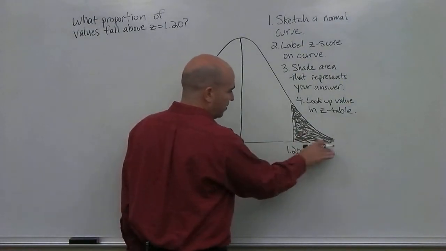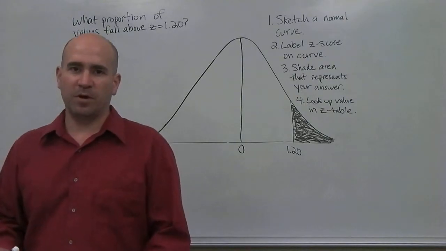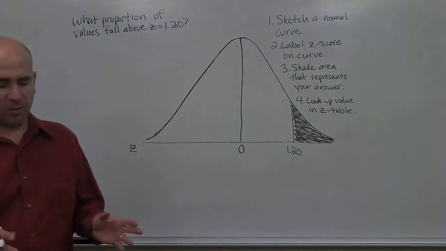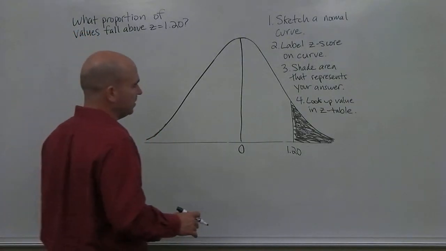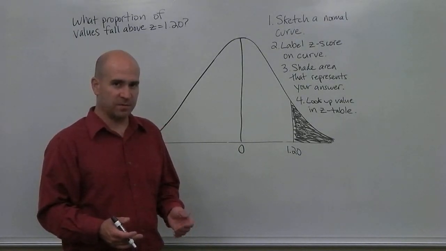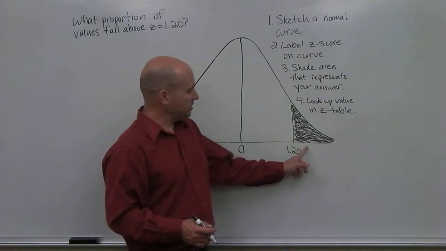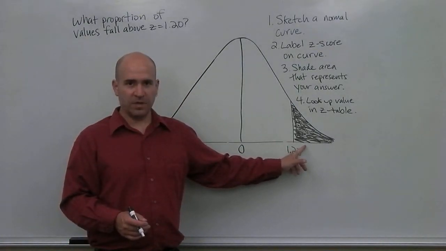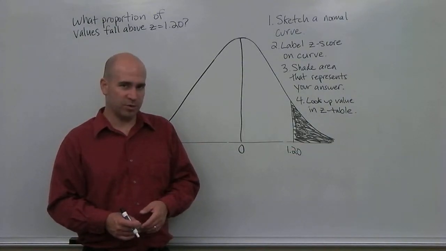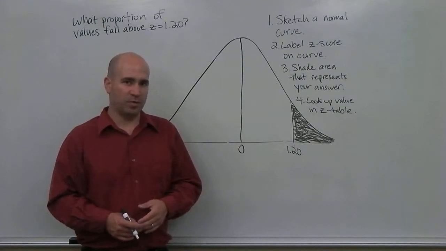I want above 1.2. So if you think of your table in the back of the book, we had our proportion in the body and proportion in the tail, to name 2 examples of different types of things we have in our z-table. So I want to ask you this, is this the body, which I also call the larger portion, or is this the tail, which is the smaller portion?